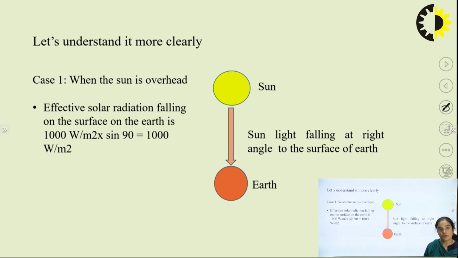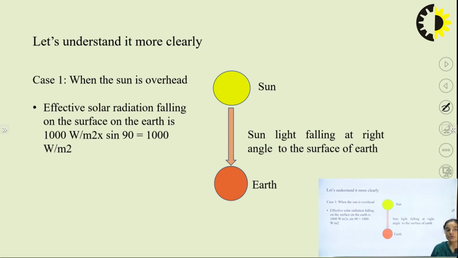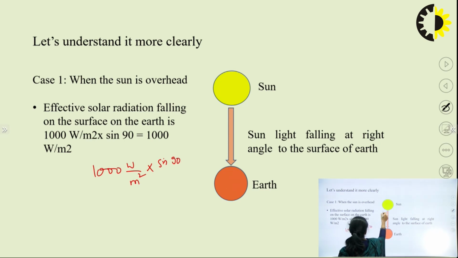When sun is overhead, the effective solar radiation falling on the surface of Earth is 1000 watt per meter square into sin 90, because the angle is perpendicular. So it is 1000.